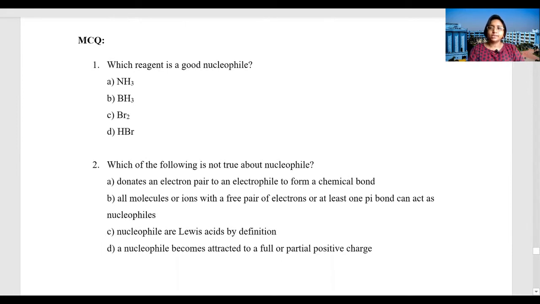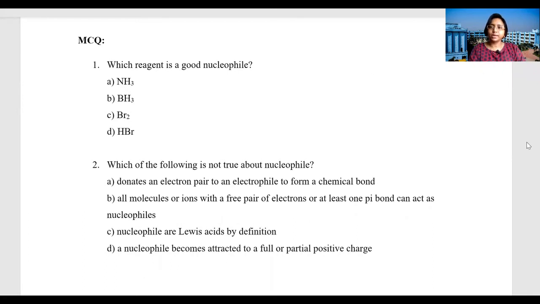Okay, now let's check how much you have learned. There are a few questions. First MCQ: which reagent is a good nucleophile?